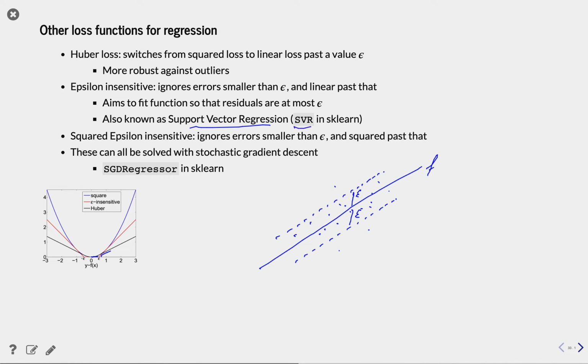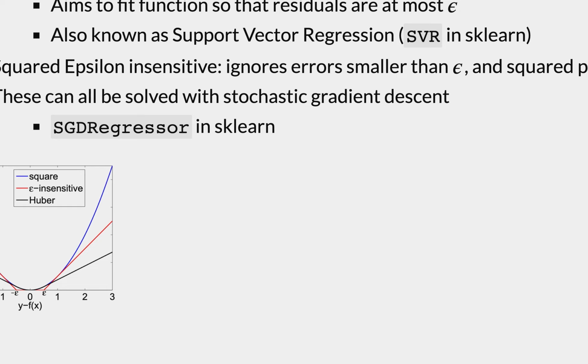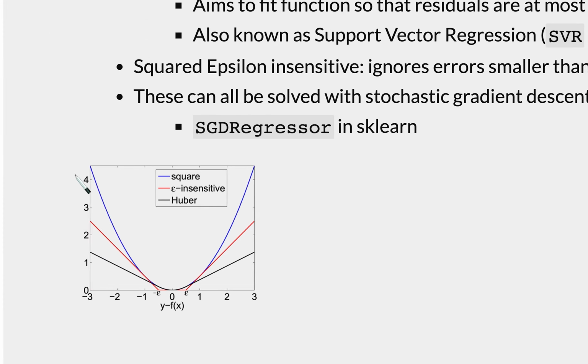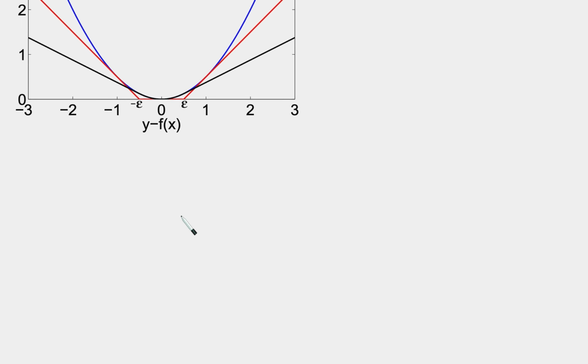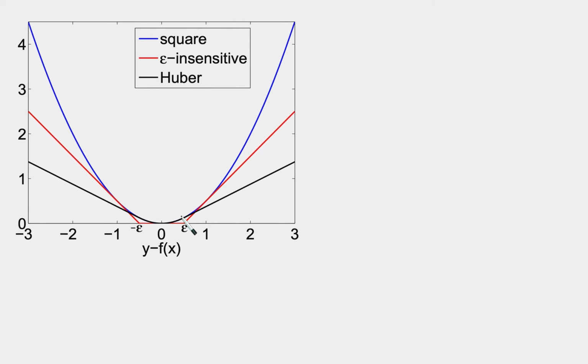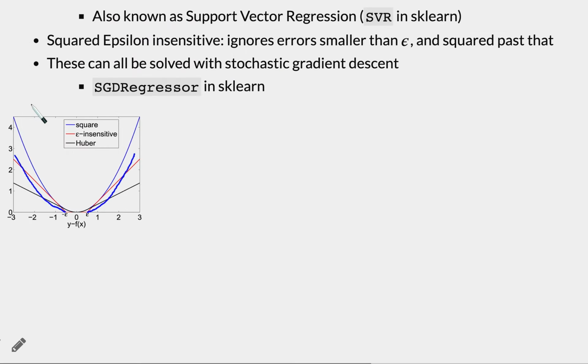You can also use the squared epsilon insensitive, and that basically looks like this. So it will again be insensitive up to a point epsilon, and after that point it will behave in a squared way. So any of these you can use.